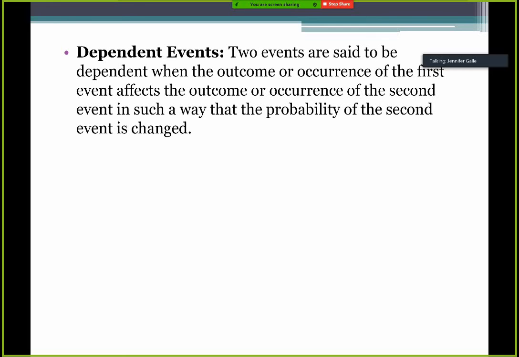Now let me shorten up this definition a bit for you here. 2 events are said to be dependent when the occurrence, I think makes more sense, when the occurrence of the first event affects the occurrence of the second event, such that the probability of the second event is changed.